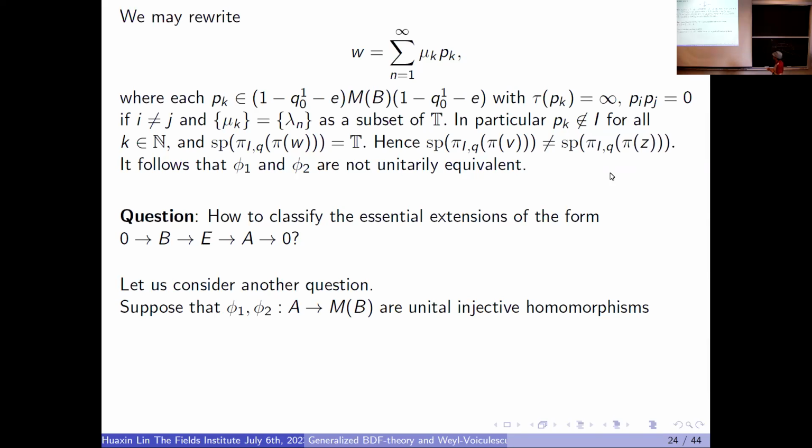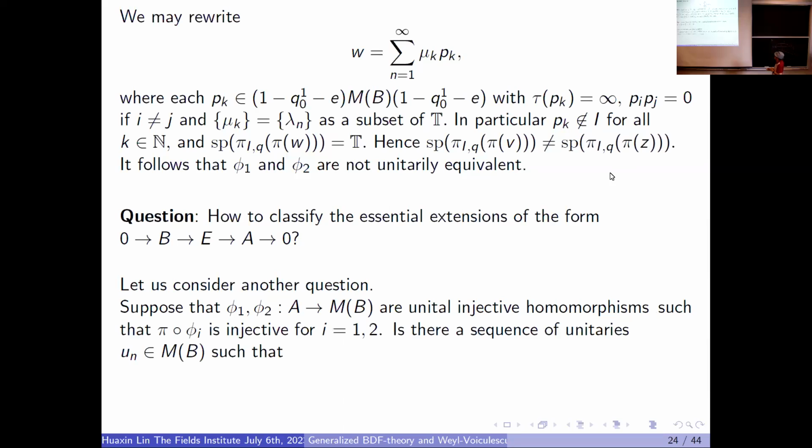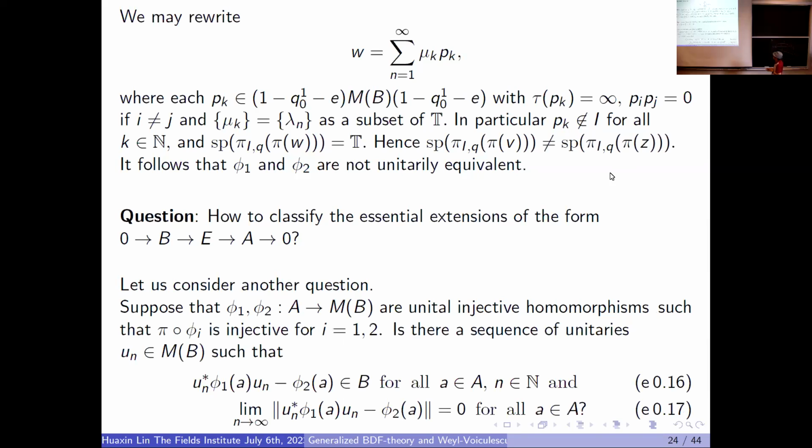Okay. Say you have two maps from A to the multiplier algebra, and the question is whether this approximate unitary equivalence holds. In the classic case, yes, it does. But you can produce examples that are not in this case.